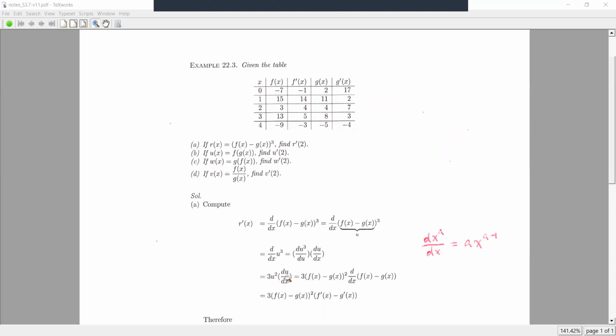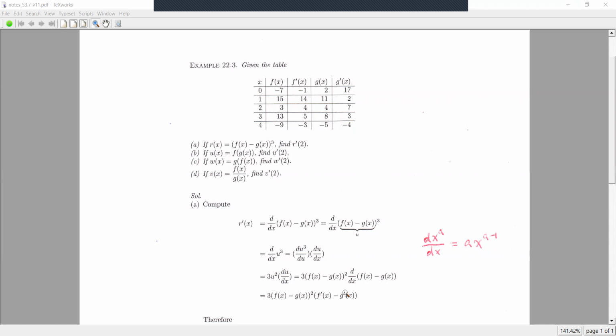U, this variable, is an intermediate variable. Now, I want to delete u. I plug in f minus g for the u here. Then I have this equation. To compute this derivative, I apply the difference rule.